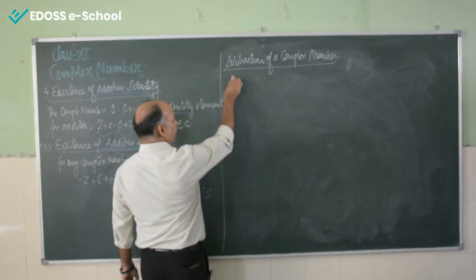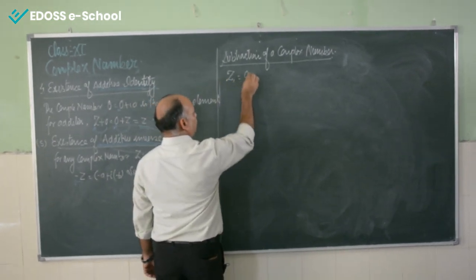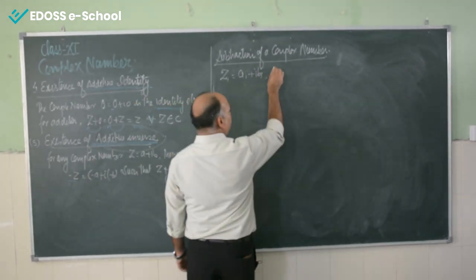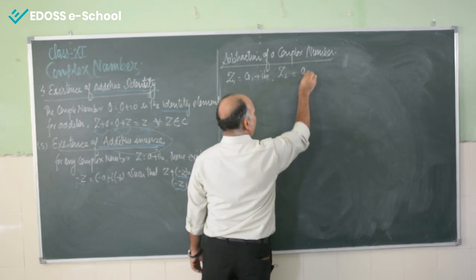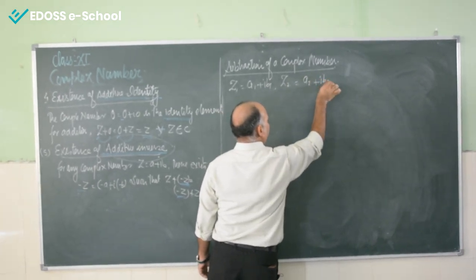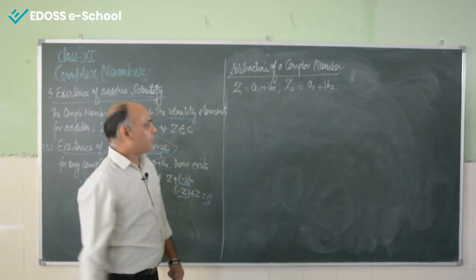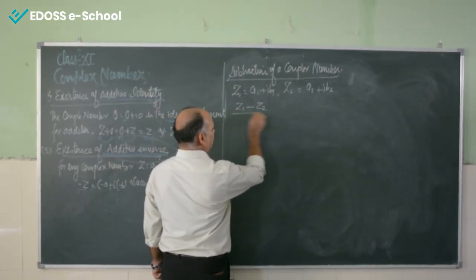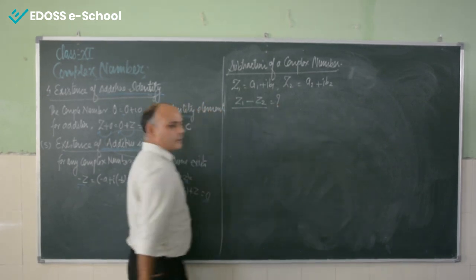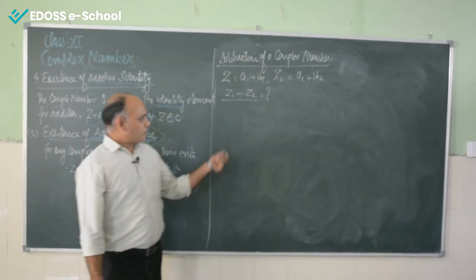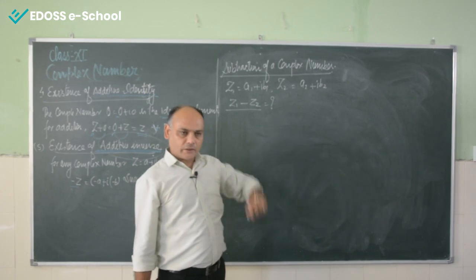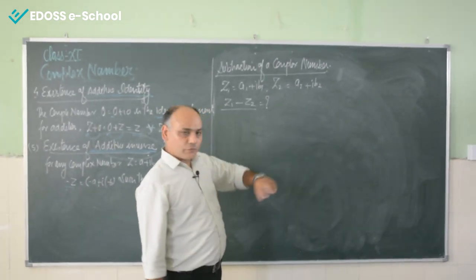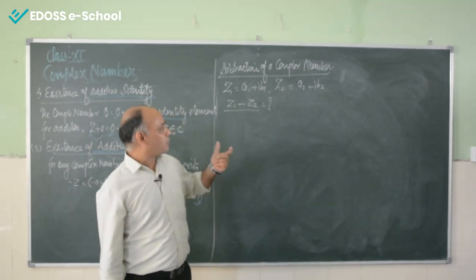Suppose Z1 is equal to A1 plus iota B1 is the first complex number, and Z2 is equal to A2 plus iota B2 is the second complex number, and we want to find Z1 minus Z2. This is our aim.